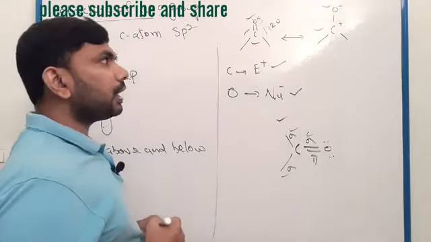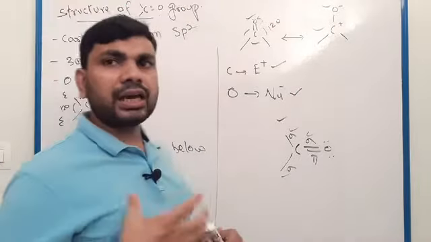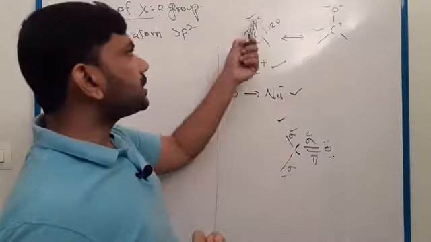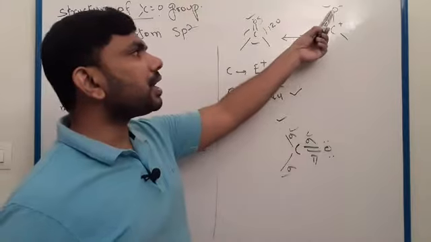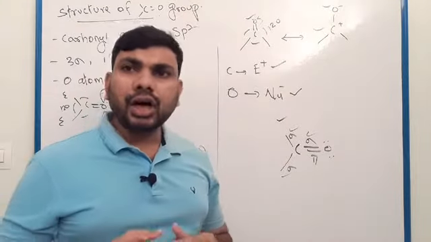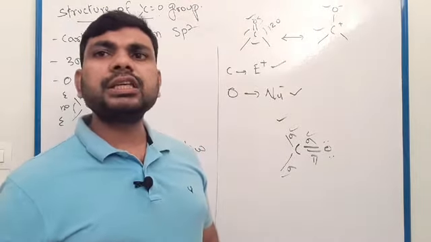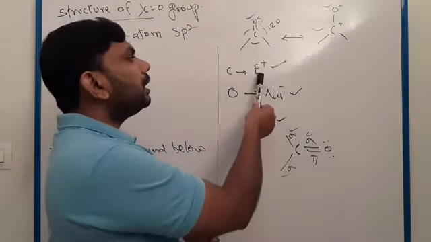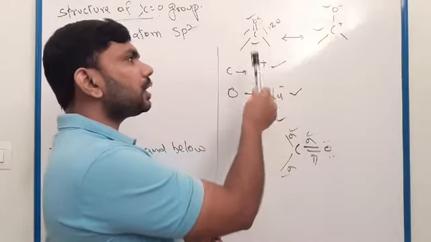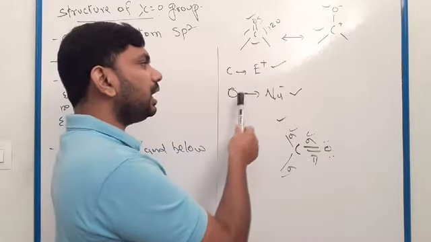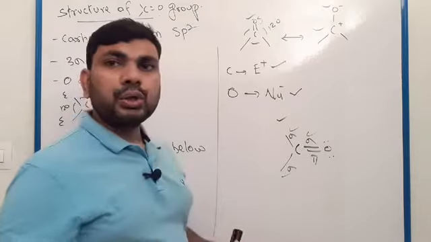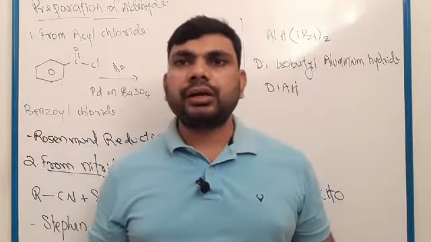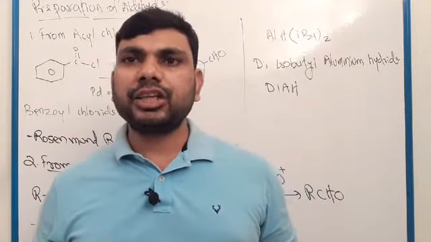So in carbonyl group oxygen is a highly electronegative atom, it pulls the electron pair towards itself, and oxygen gets a partial negative charge and carbon gets a partial positive charge. Clear? That's why carbon gets positive charge, so carbon acts as electrophile and oxygen acts as nucleophile. Clear?